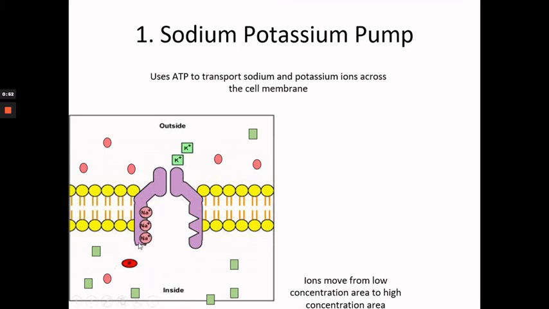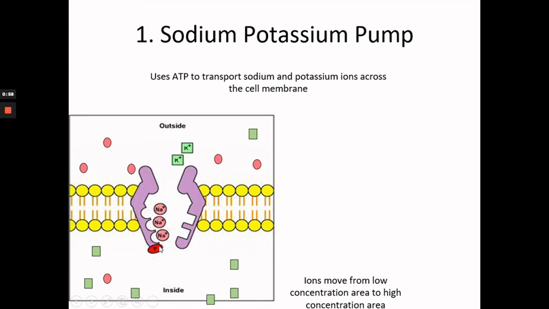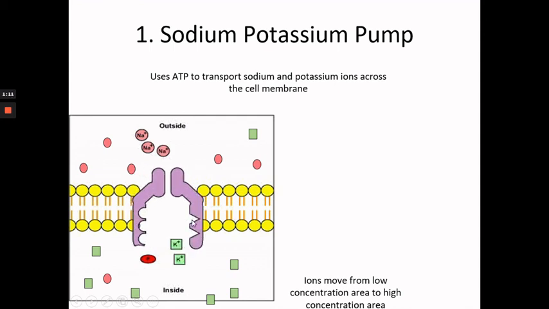So let's watch here. We have 3 ions of sodium going to the protein channel, and the energy from ATP will help to open the protein channel. As it opens, we have 2 potassium ions going inside the channel protein or the carrier protein, and finally to move inside.